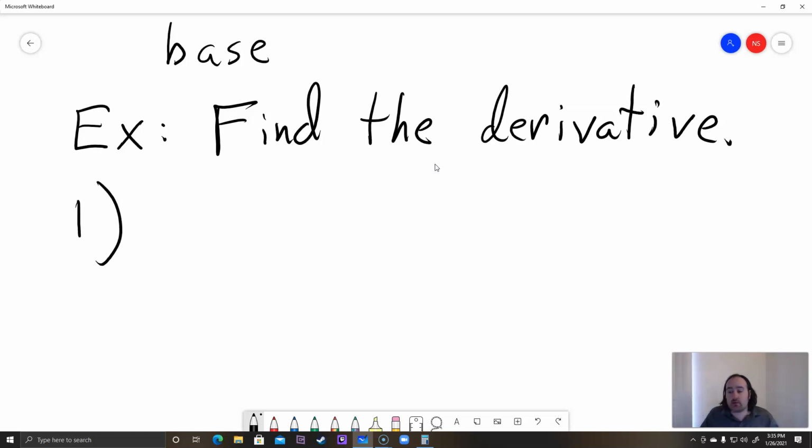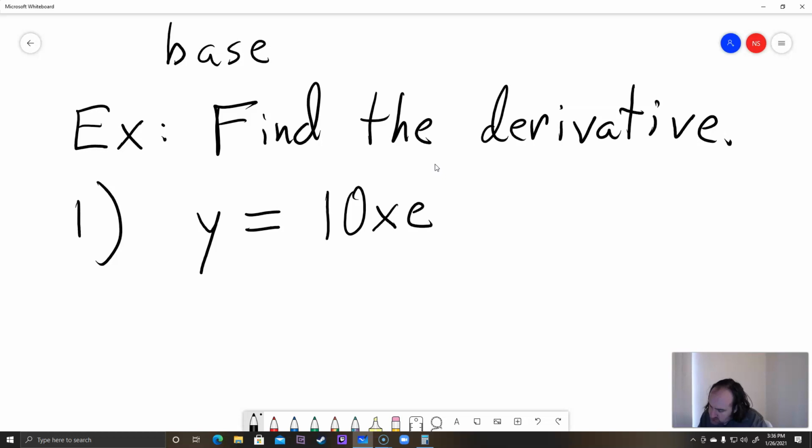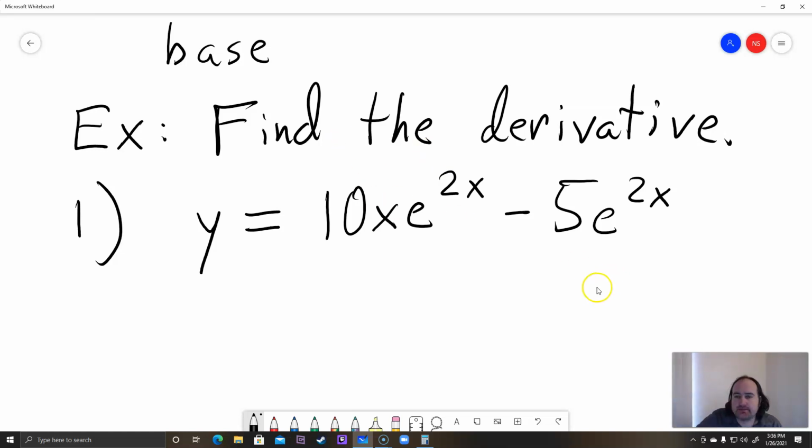For problem number 1, we're going to be doing the derivative of y equals 10x e to the 2x minus 5 e to the 2x.